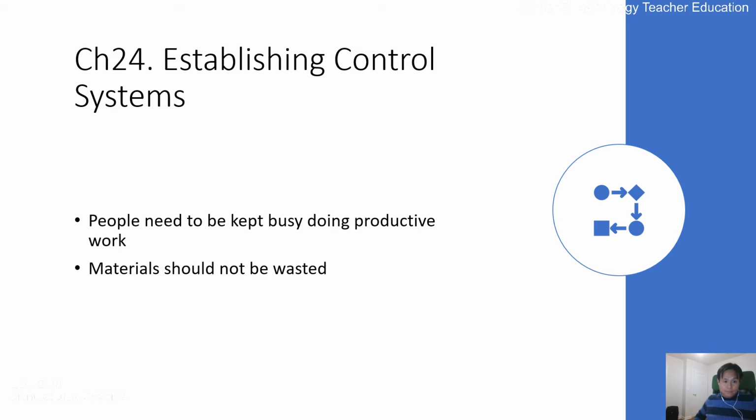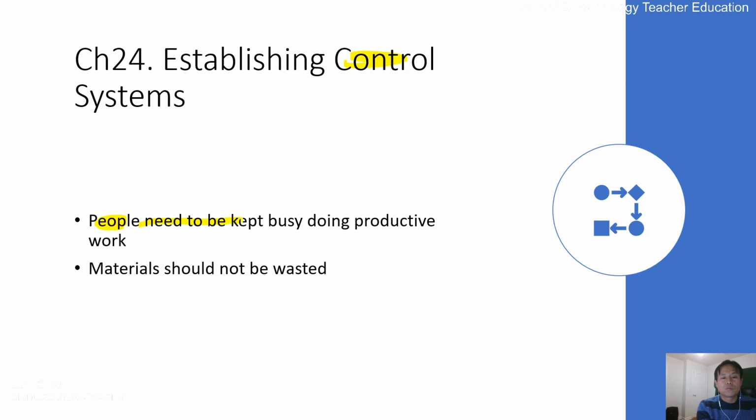All right, so this is chapter 24. This is mostly about controlling the manufacturing system. It is very tough in manufacturing system, controlling the quality. People are always busy, right?